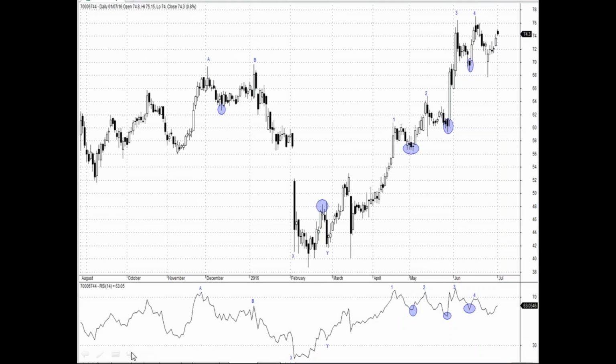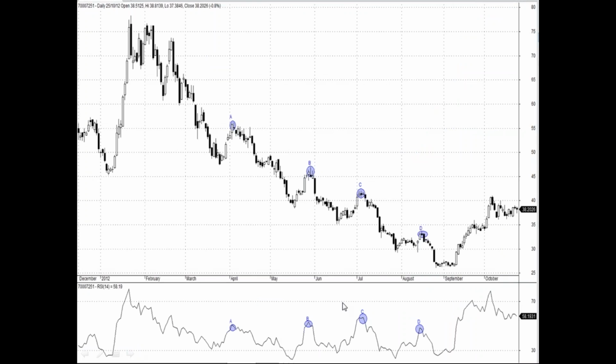Alright. Hope everybody is getting what I am telling. Now for the sell setup. Similarly, after this fall, the RSI goes to the oversold zone.